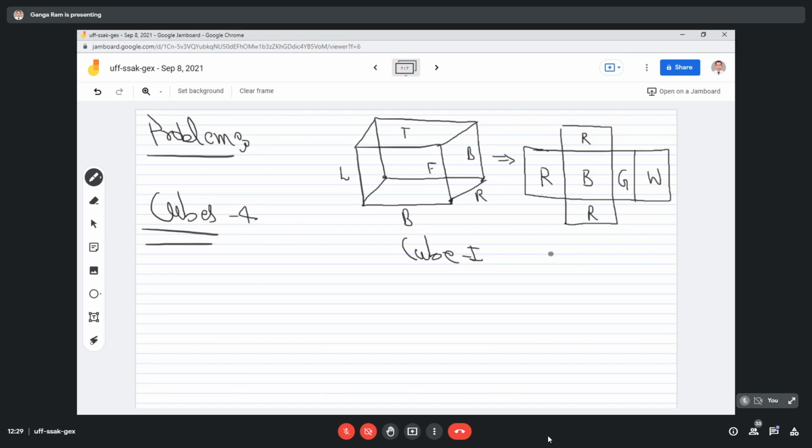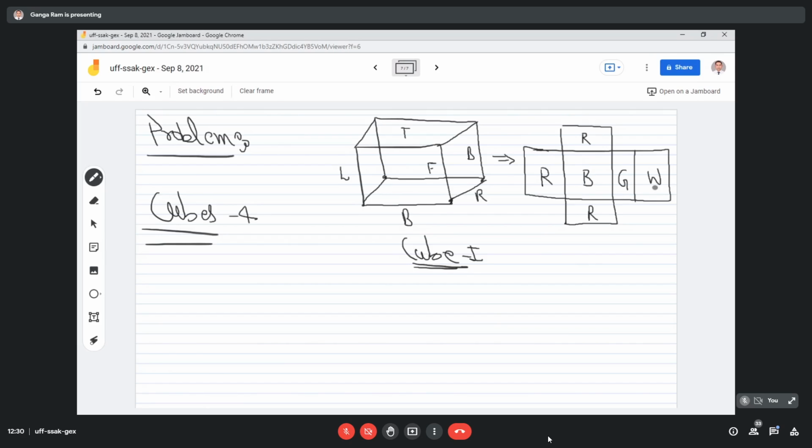Okay, I am saying that this is the cube. This cube has 6 faces. Got it? So I can write this cube this way. There are 6 faces, 1 2 3 4 5 6. We can say that this face is the top. So what is the bottom face?